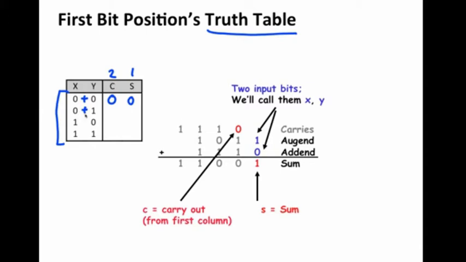When we add 0 and 1 together, that's the value 1, so we need a 1 in the 1's place and a 0 in the 2's place. Similarly, 1 plus 0 is still equal to 1, but 1 plus 1 is equal to 2, so we need a 1 in the 2's position, the carry out, and a 0 in the sum to be the output of this circuit.